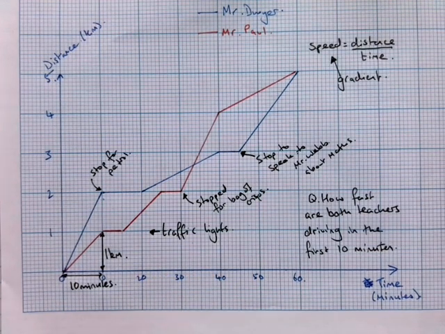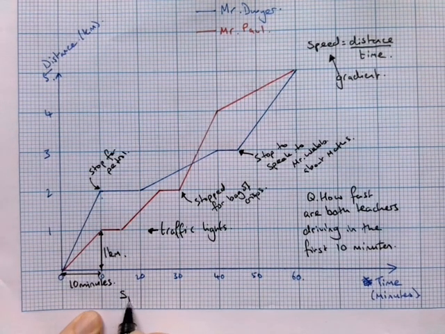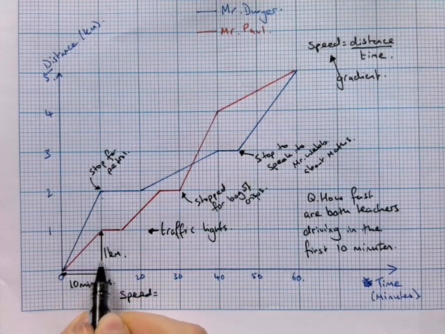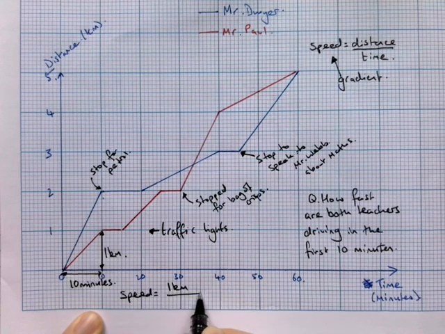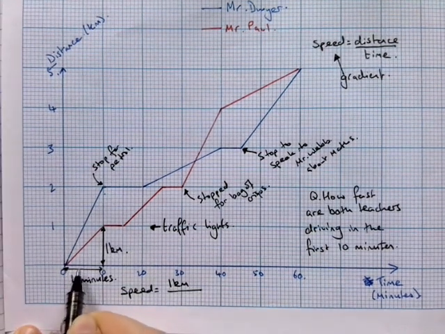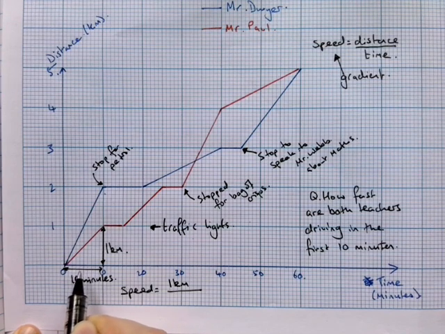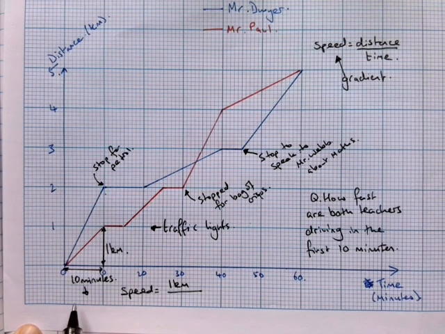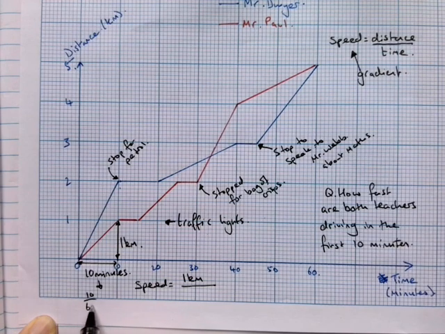So to work out the speed, we do this number here, which is the distance, 1 kilometre, divided by this number here, which is the time. Now I'm not going to do it in minutes, I'm going to convert that into hours. To convert that into hours, I need to do 10 divided by 60.